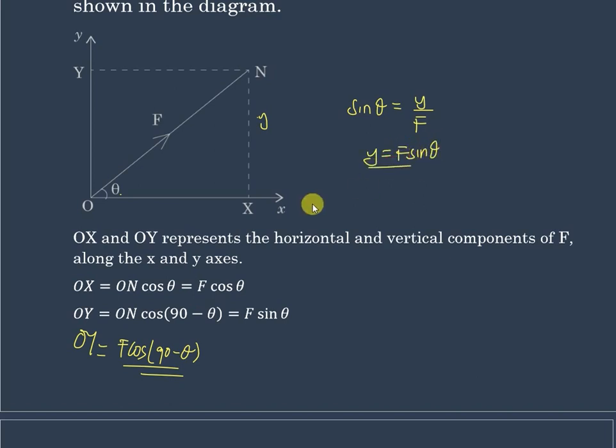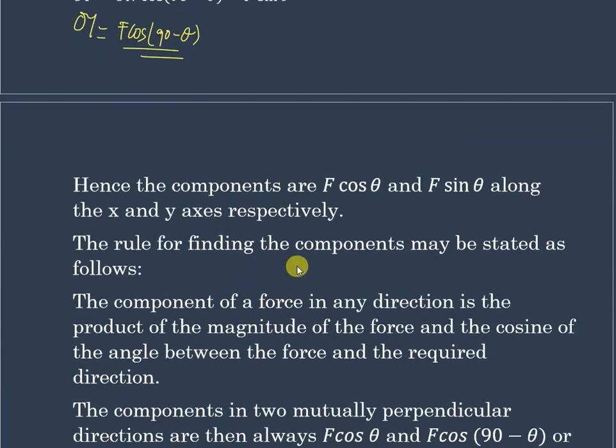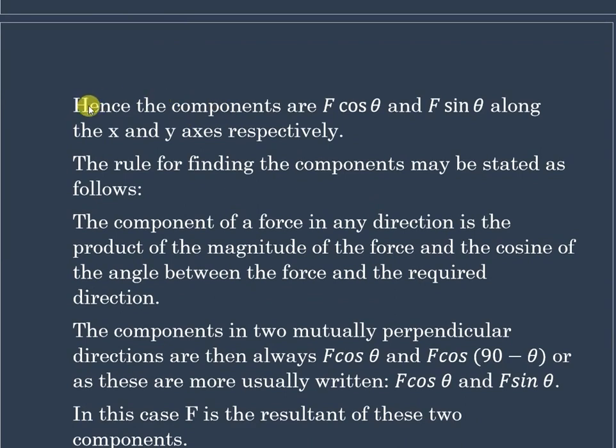You can use that, but we have a definition of a component around here. We have just seen that the components are F cos theta and F sin theta along the x and y axes respectively. That is fine. But now the rule for finding the components may be stated as follows. Take note of this. We shall use it sometimes, but we can also use another way.